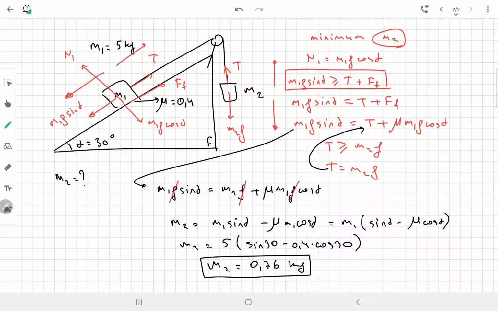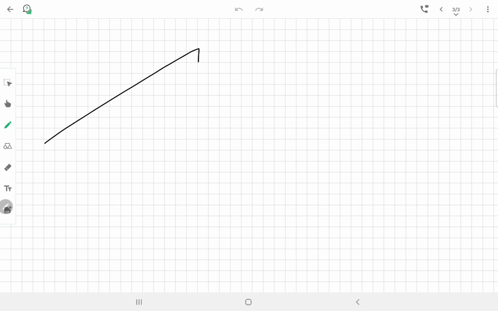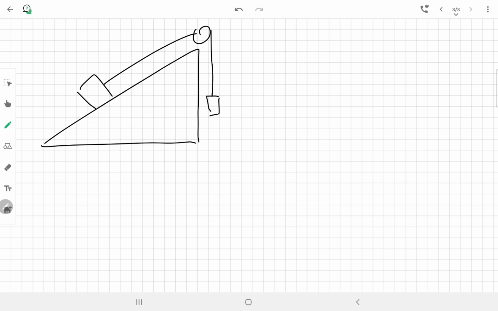Now, second part, what maximum kilogram we can use to keep it at rest. So let me create new page. Let me draw it quickly. Free body diagram.